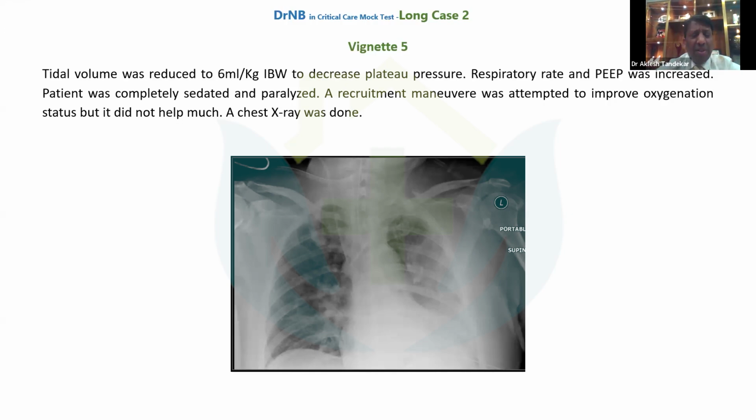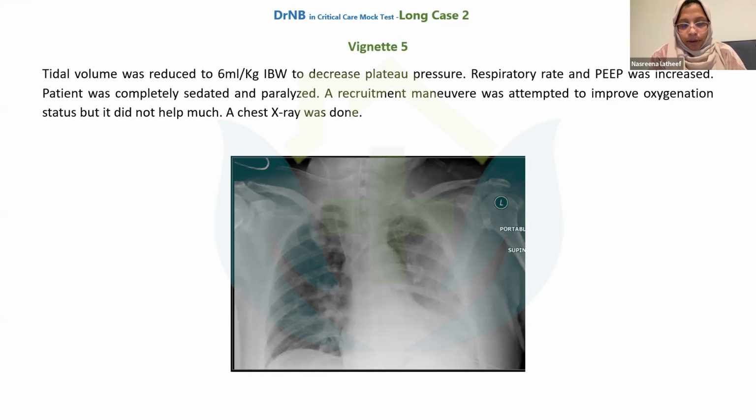So which recruitment maneuver would you recommend in this patient? Recruitment maneuvers and rescue maneuvers. Recruitment maneuvers, as per the evidence, are not recommended. Rescue maneuvers, I will go for non-ventilator strategies like sedation and paralysis as per the ACURASYS trial.